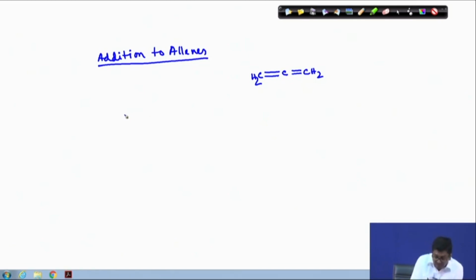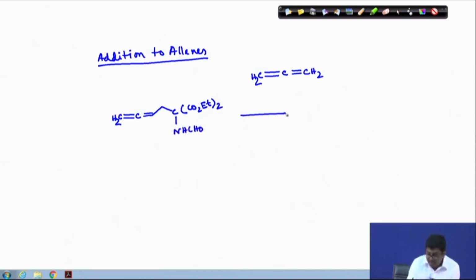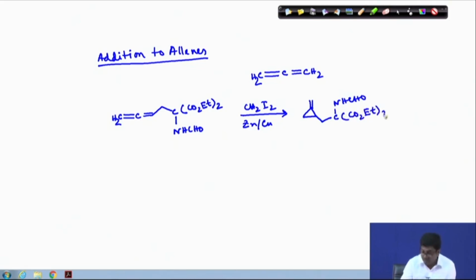Okay. If we take one example, I will show here, if we take this one in presence of the Simmons-Smith reagent, the product is, you see here, under the Simmons-Smith reagent only this double bond becomes cyclopropane, okay, this one.